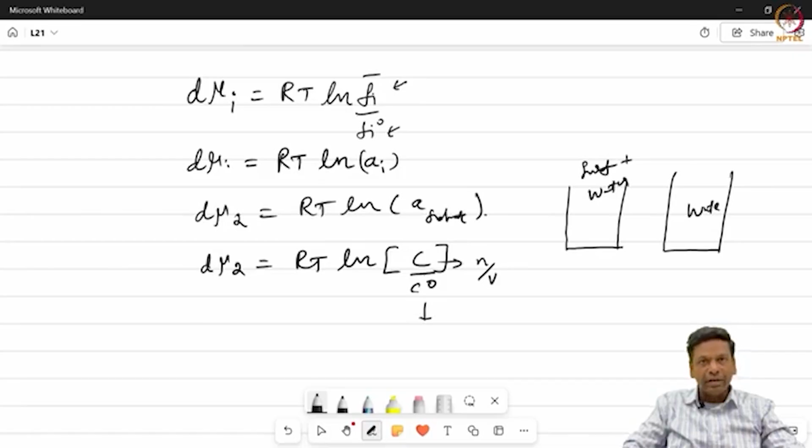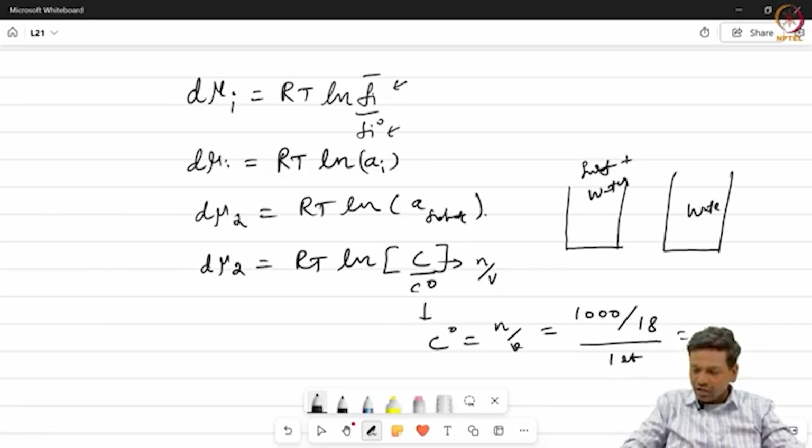For 1 liter of water, you can calculate the number of moles. So 1 liter means it is 1000 gram. If you divide that by the molecular weight, that is 18, divided by volume of 1 liter, this is going to be 55.5 moles per liter.